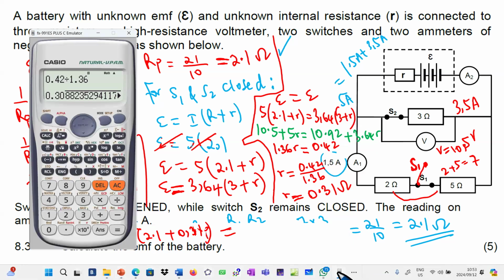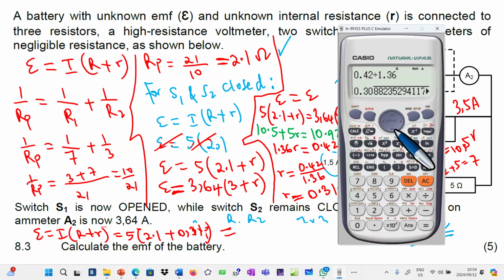So what you're going to do is 5 times (2.1 plus 0.31).